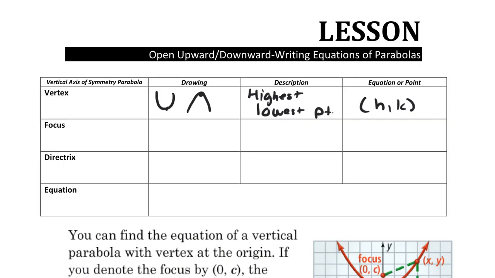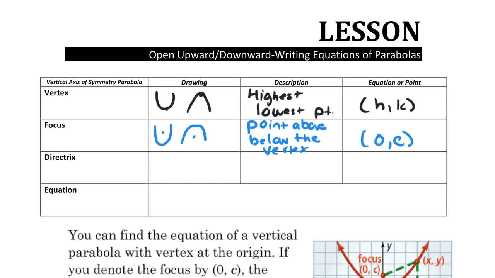Okay, I'll be going over some key words. The vertex is either the highest or lowest point, and we call it (h, k). The focus is a point that is above or below the vertex, and we call it (0, c). That's the location, (0, c).